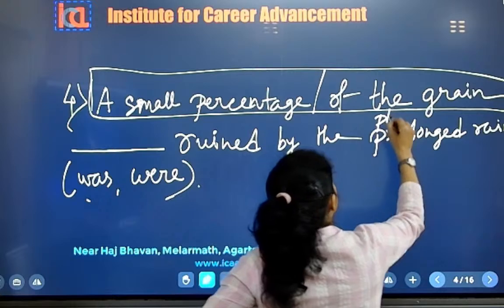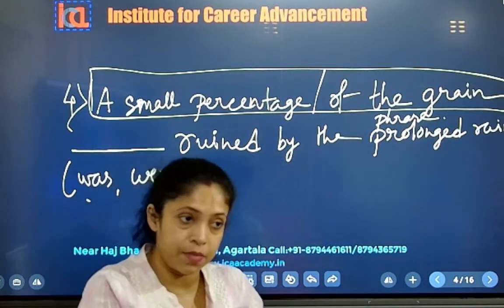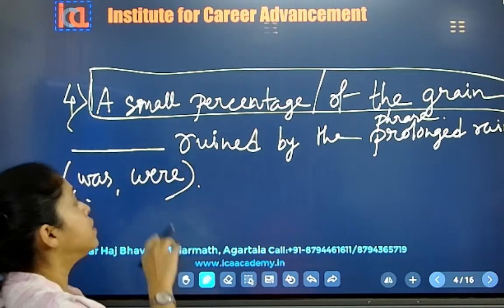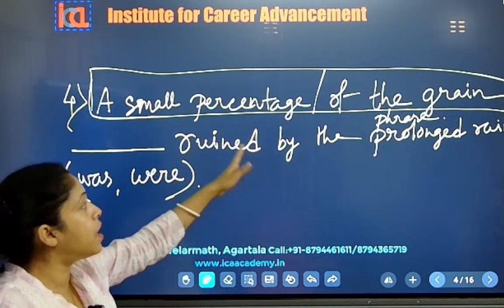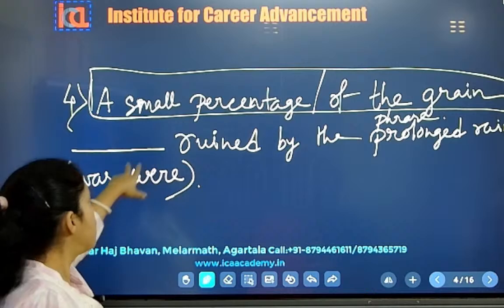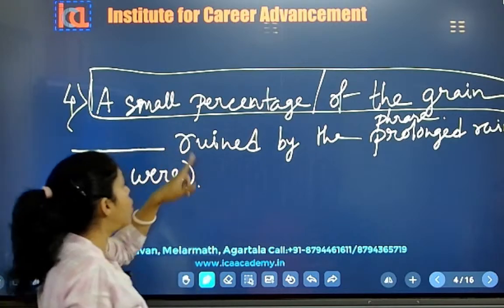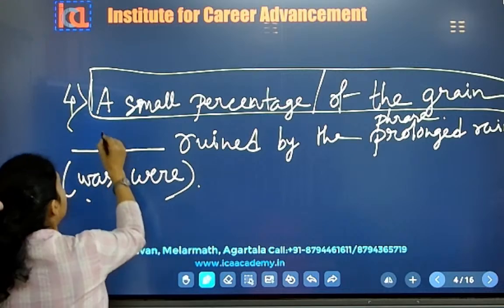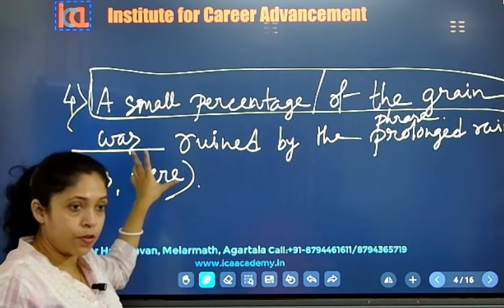Although this is the subject portion, still this is the phrase part, and whatever comes after of or after any preposition, we will not follow for using the verb. Then a small percentage will be followed by was. A small percentage is a unit of measure.